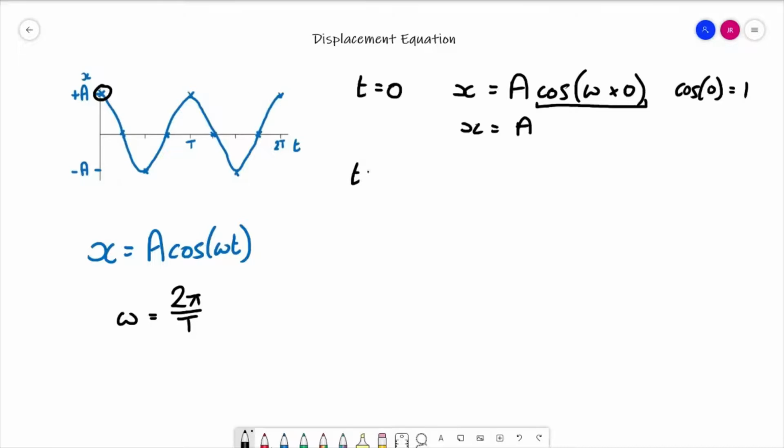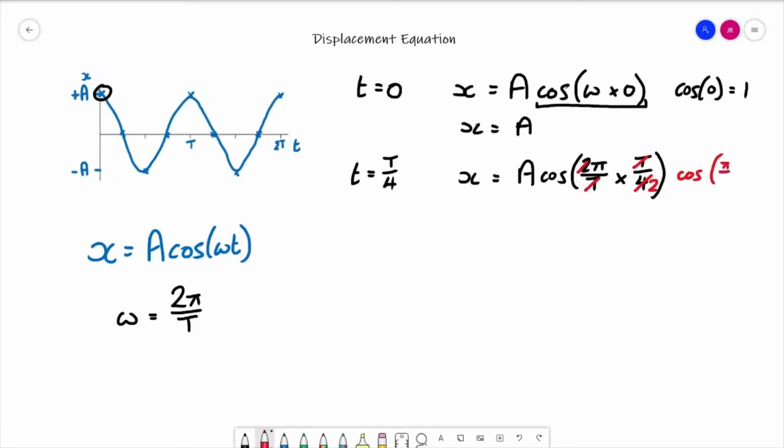Let's have a look at t is equal to a quarter of a time period. When we do that, x is equal to A cos of omega, which we put in as 2 pi over T multiplied by t, which now is capital T, the time period, over 4. Inside that bracket the capital T's cancel out, and the 2 cancels with a bit of the 4, and we end up with cos of pi over 2.